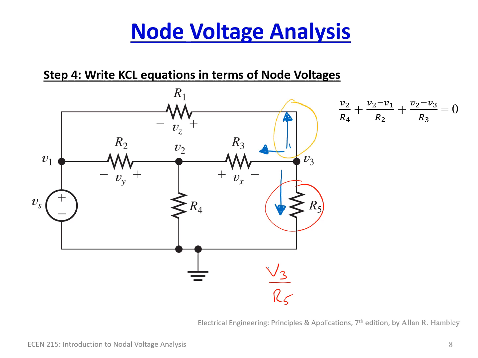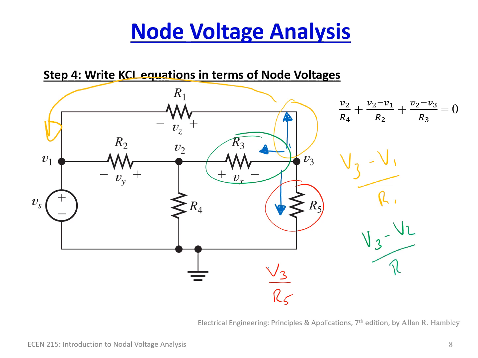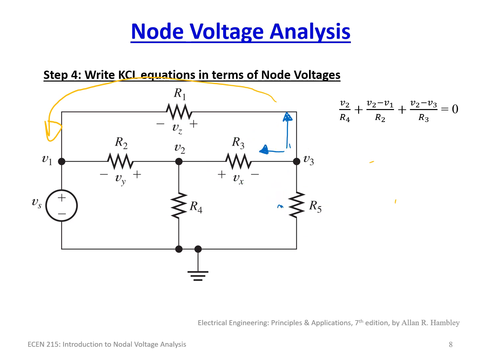Well, that one there is V3 minus V1 over R1. It's the current that is going this direction. And then this one here is V3 minus V2 over R3. So we have 3 currents. Then, of course, all that added together must be equal to 0. And that's exactly what happens.